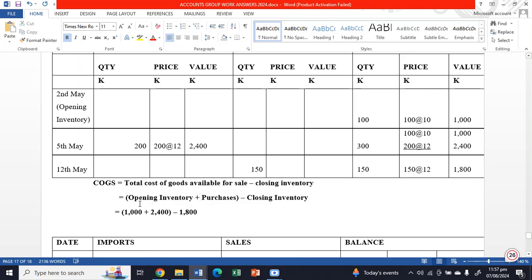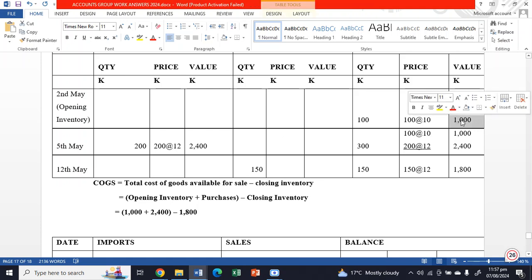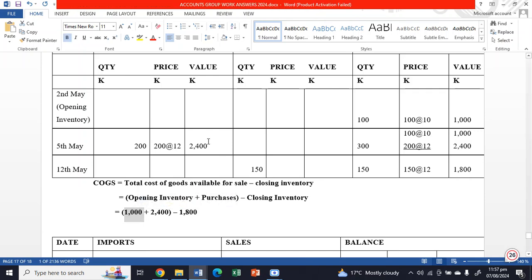When you add the opening inventory and what you purchased, you get the total cost of goods available for sale. So opening inventory here, the value is 1,000. We made purchases of 2,400. And our closing inventory, 1,800.